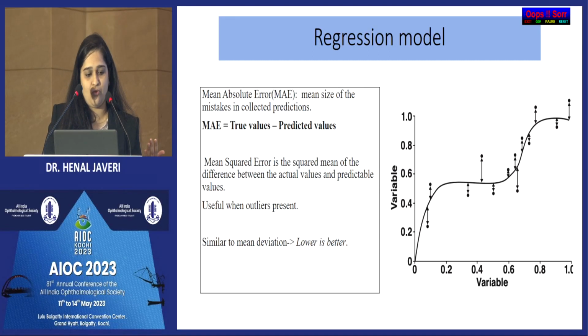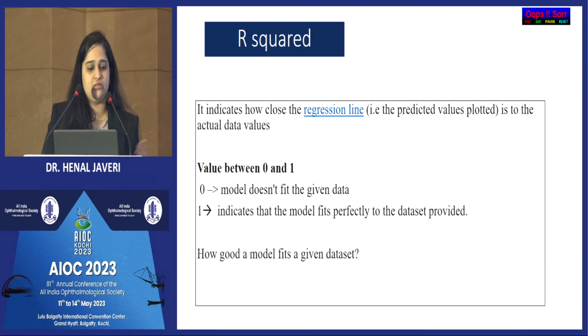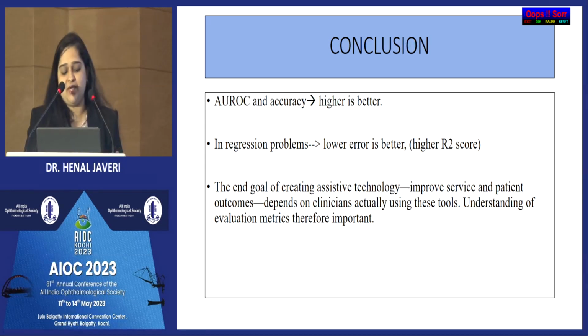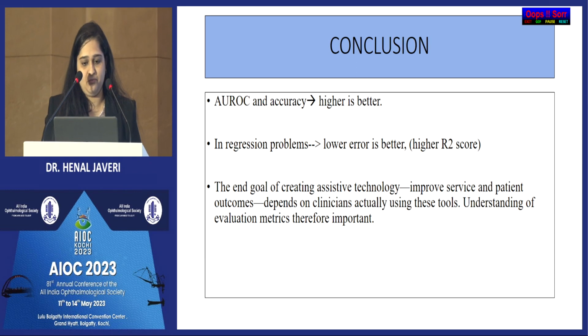Similarly, in a regression model, we'll have a mean absolute error, and an R-squared value would be a value between 0 and 1. So in conclusion, the end goal of creating an assistive technology is to improve the service and the patient outcomes, which depends on clinicians using this tool, and it is very imperative that they understand the tool as well. Thank you.